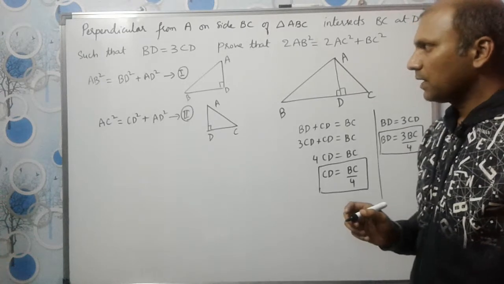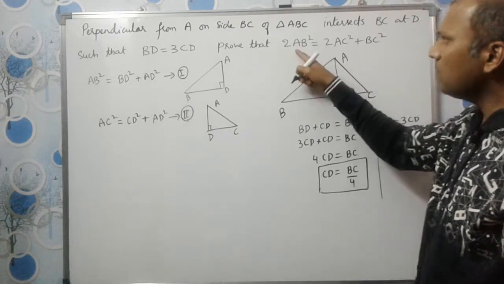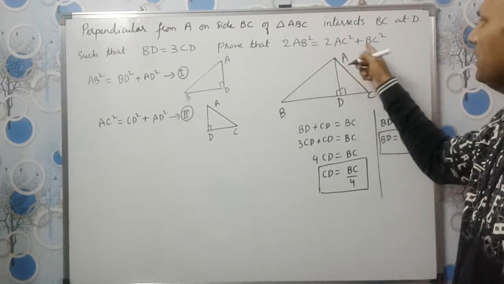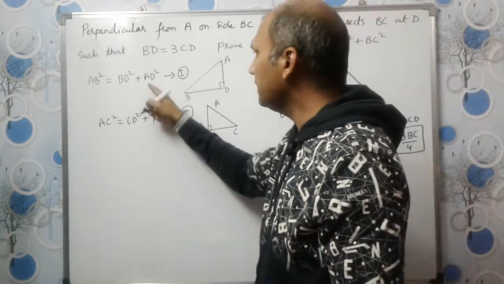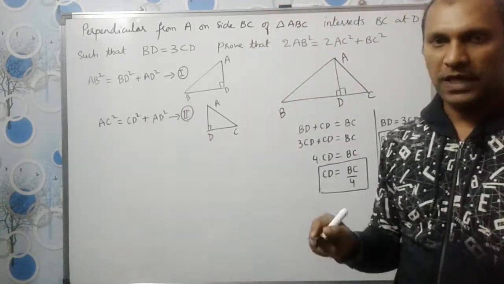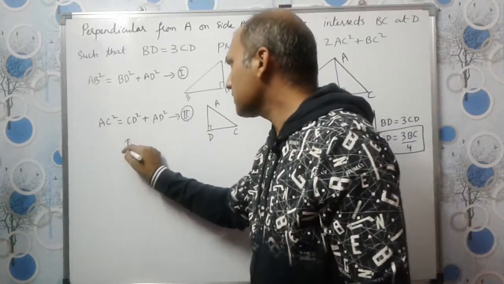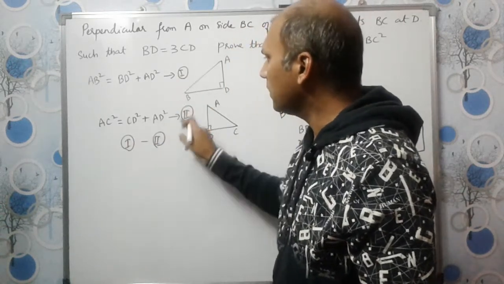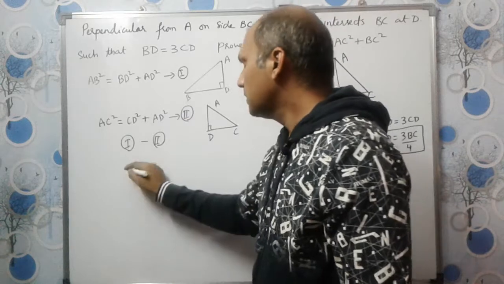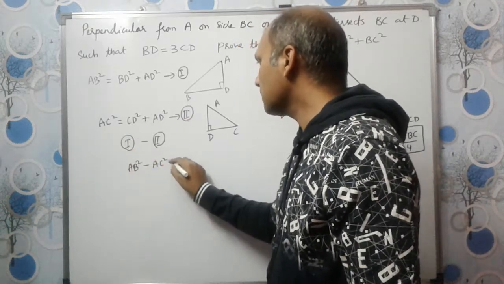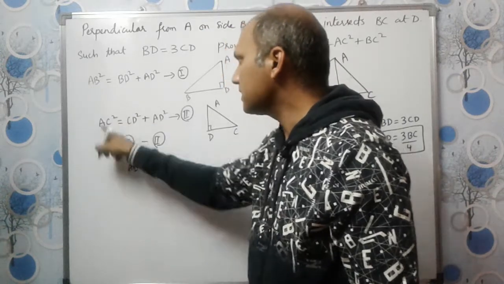Now if you observe what is required, we don't have AD in this, but we have AD here. So how can we eliminate AD from these two equations? By subtracting. So let us subtract these two equations. We can subtract 2 minus 1 or 1 minus 2. So this is AB square minus AC square. I am subtracting LHS.